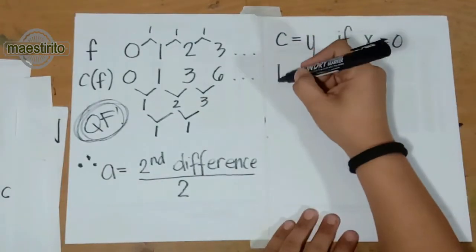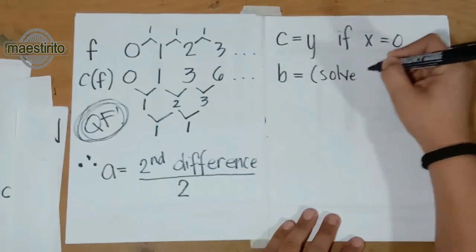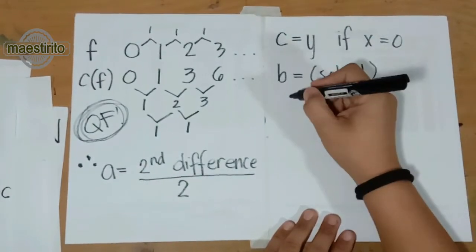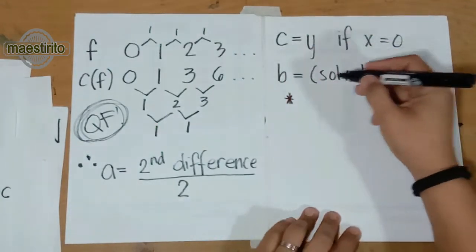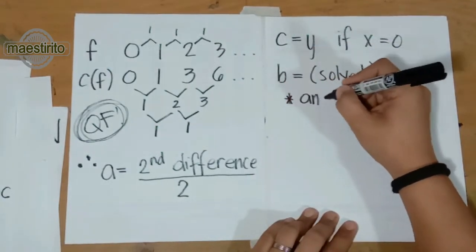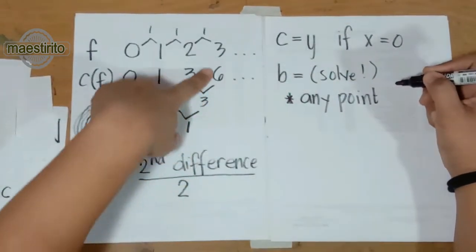Now for B, in this case, you need to solve. So how? Get any point. So you will be needing any point from the table of values.